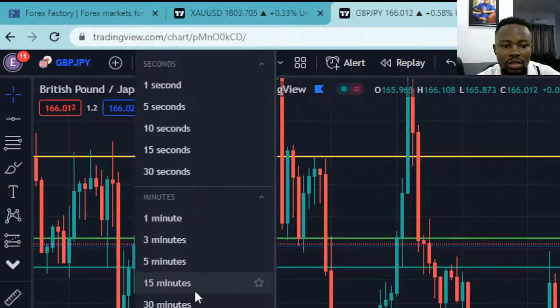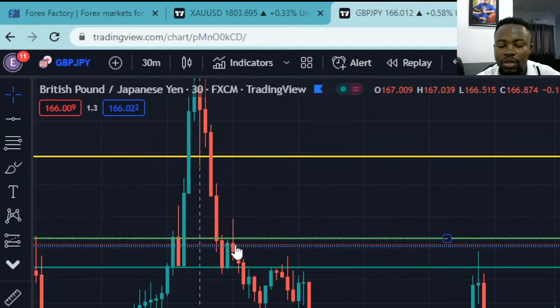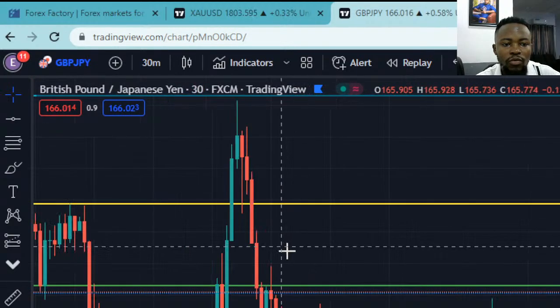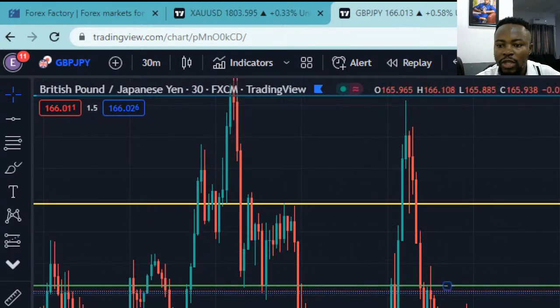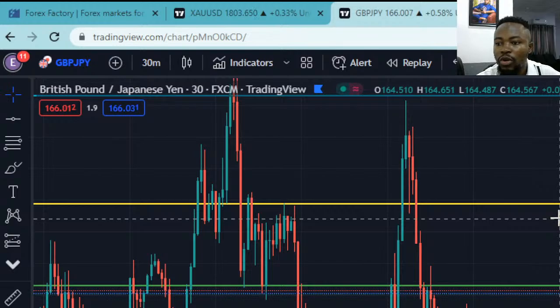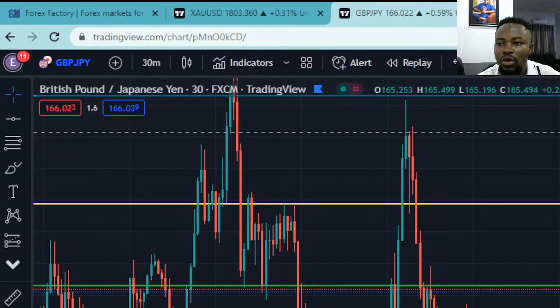Let's see this on the 30 minutes time frame, right? Yes, we'll have this resistance here standing on the 30 minutes time frame. So now if we close above 166,060, I think we should continue up with volume, and 166,400 is our first target here, and we could even continue up to 167,029 at that point.